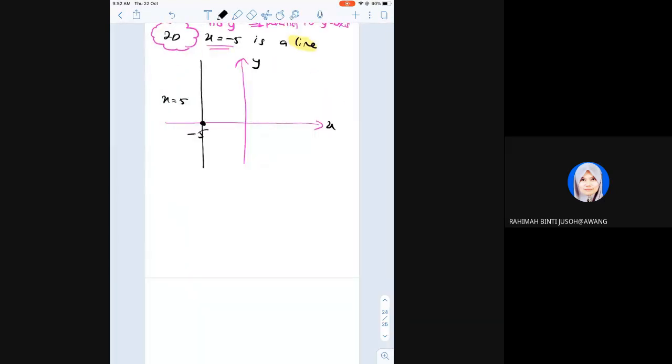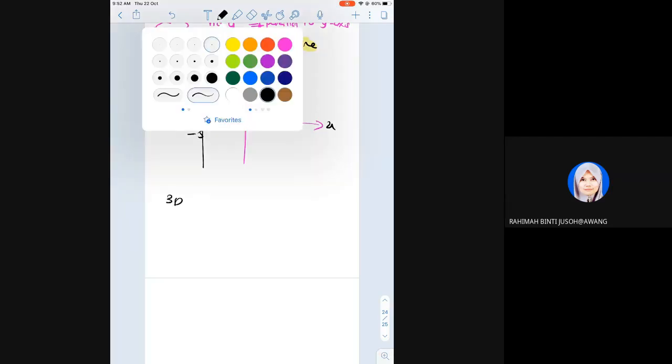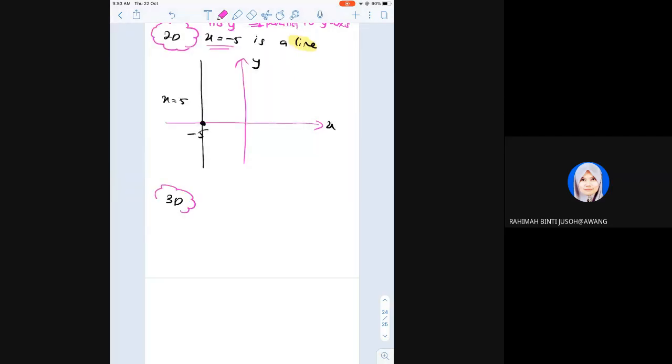Okay, now in 3D. In 3D, X equals to -5 is a plane or surface. Okay, a plane or surface. Okay, let us sketch the plane. Kita ada 3 paksi tadi, kita dah belajar tadi.